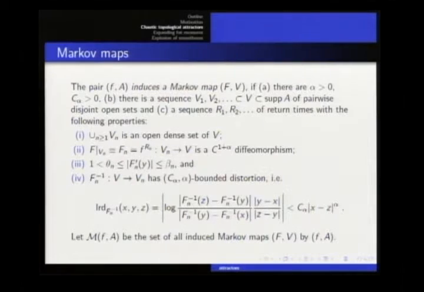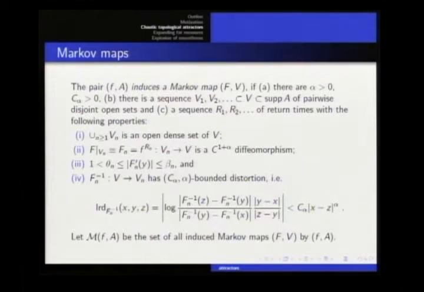So from this topological perspective, here we move to what we are calling the Markov map, which is a horseshoe but with some nice smooth properties. When I talk about a Markov map, I have C^(1+alpha) diffeomorphisms, and as usual, we have bounded distortion. So these already have all the nice analytic properties that we like to have.